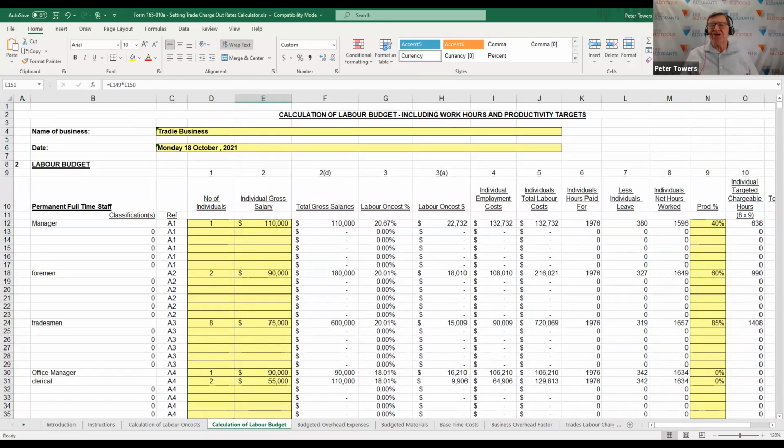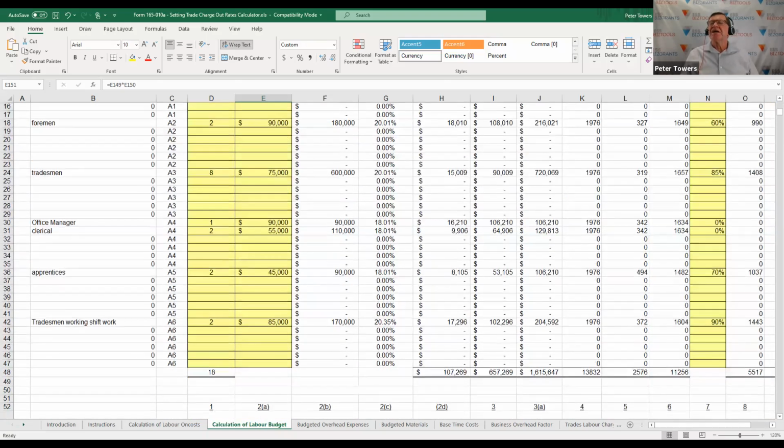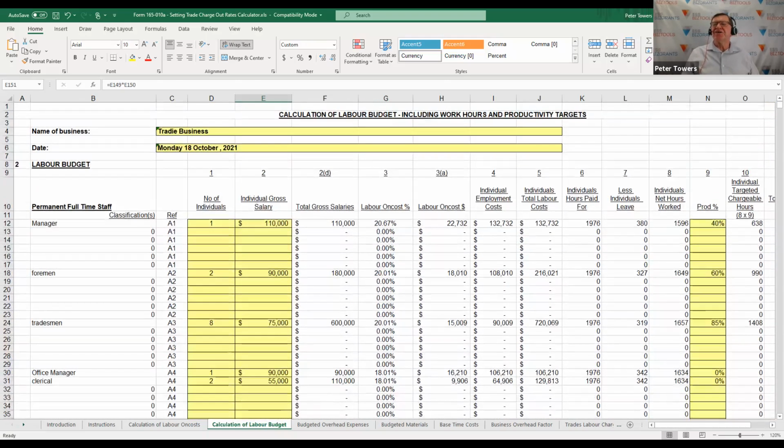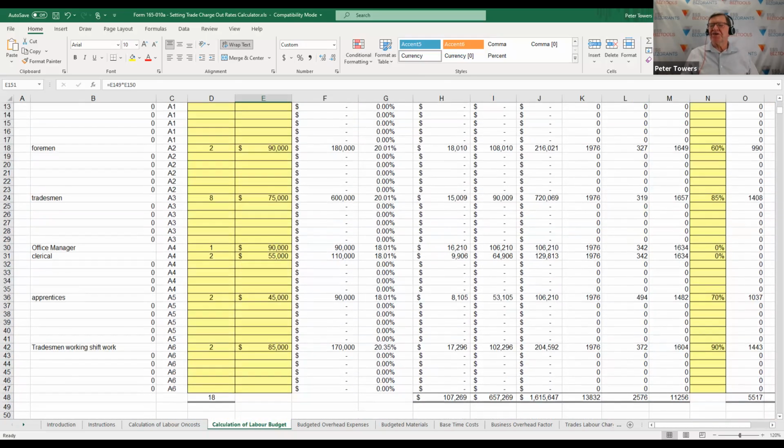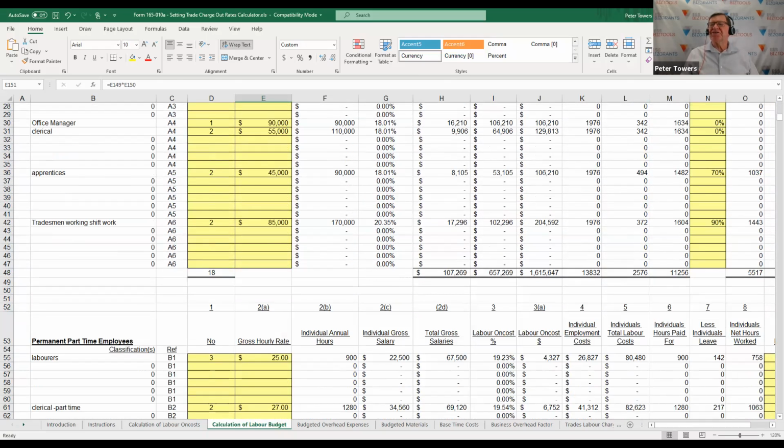So if we go back up to the top, what you've got to do is insert the numbers in each category, which you can see that I've done, and insert the individual gross salary. Once you've inserted that, the system's also transferred the labour on cost. If you recall, these were the percentages that were calculated back in the labour on costs. They've been transferred across, so they're in the system.